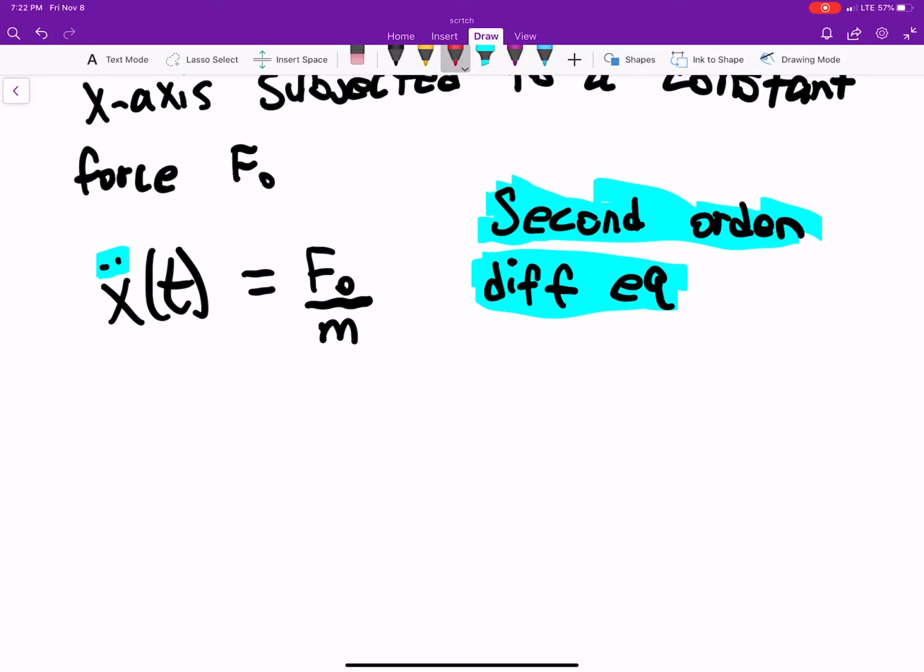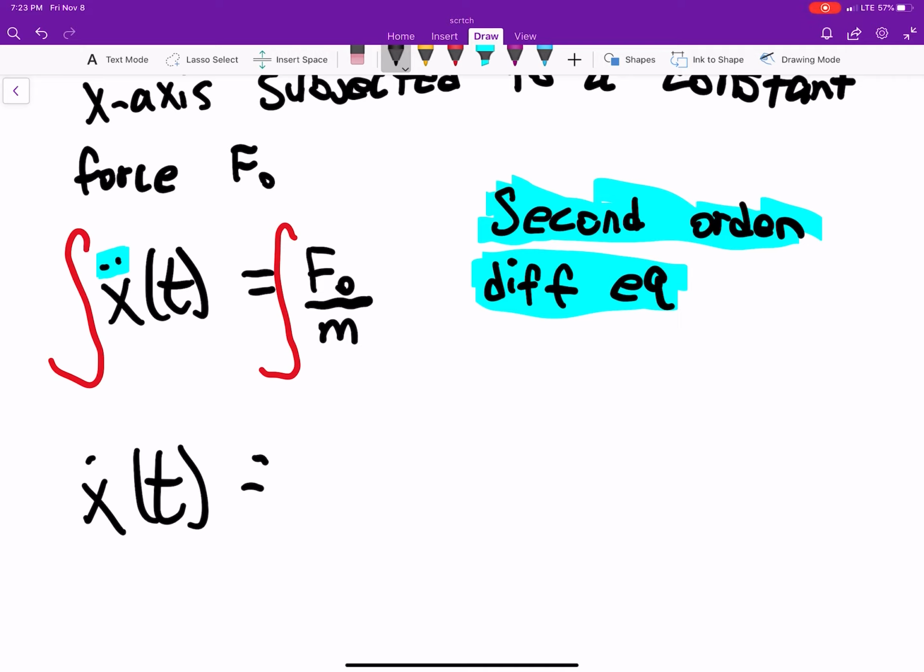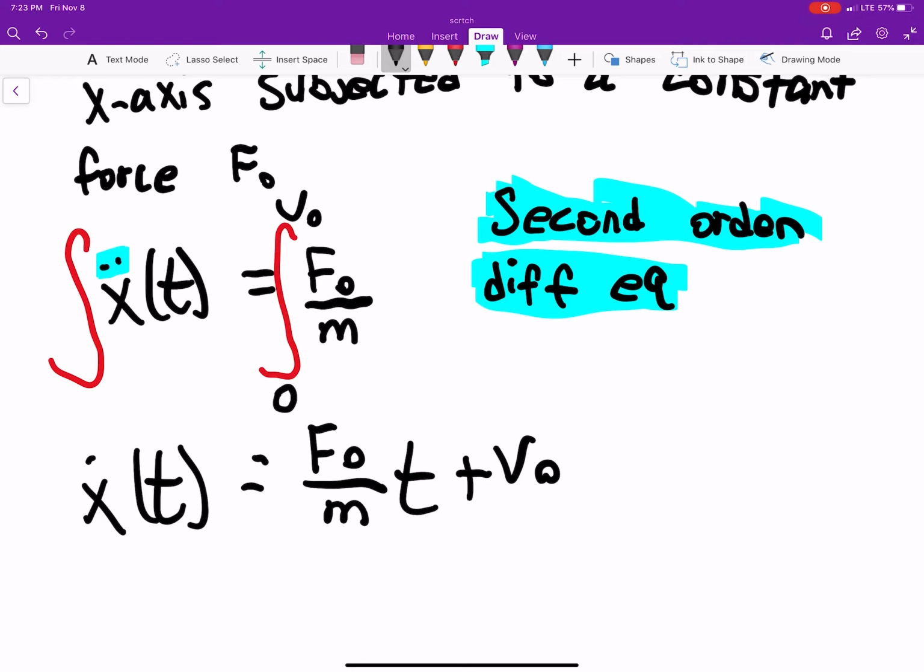Now, what we could do here is very simply integrate both sides. And what do we get? We get the first time derivative is equal to F naught over m times t, and then what are we evaluating this from? Well, this is probably from 0 to v naught. Okay? So what stays is just plus v naught, right?